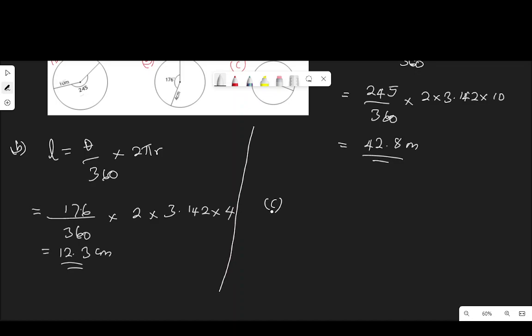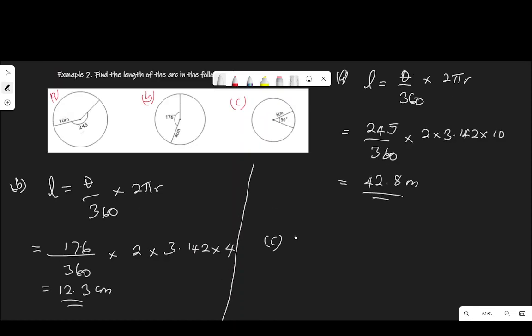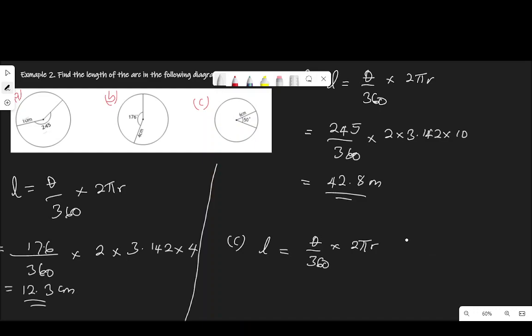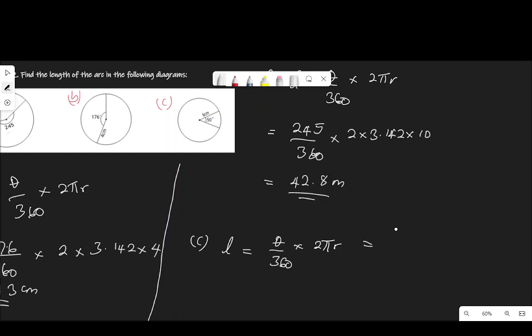And then the last one, question C, the length of arc, theta over 360 times 2 pi r. What is theta there? Theta is 50 degree. I have 50 divided by 360 times 2 times 3.142 times the radius, which is 6.